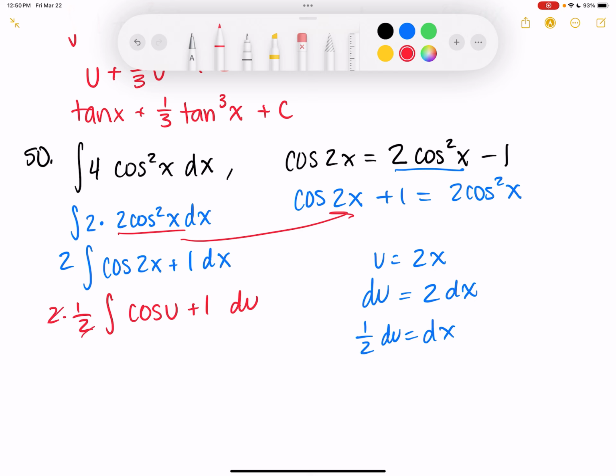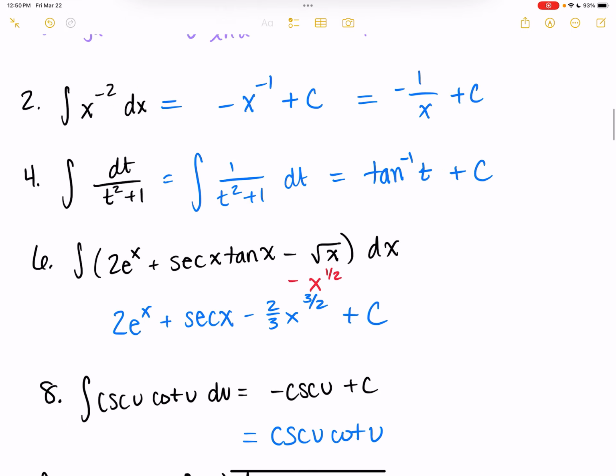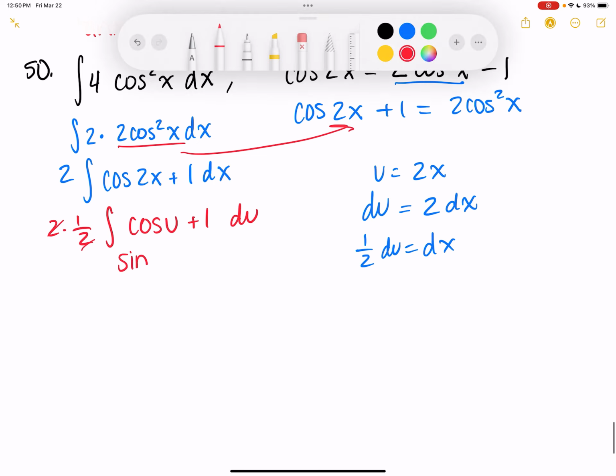So what is the integral of this? What does that give me? Sine u plus c. And then just replace. So sine of 2x plus 2x plus c.